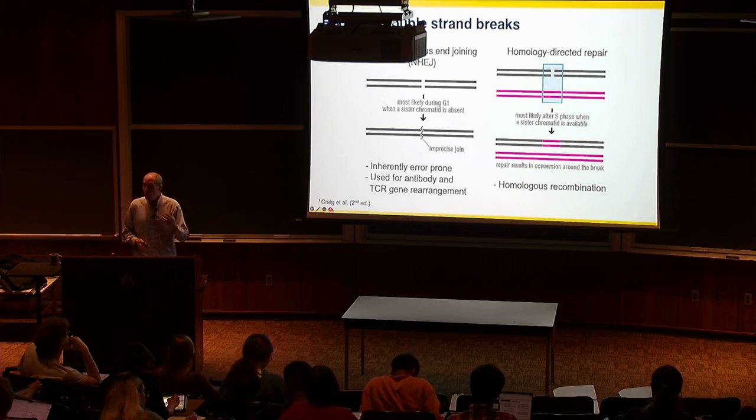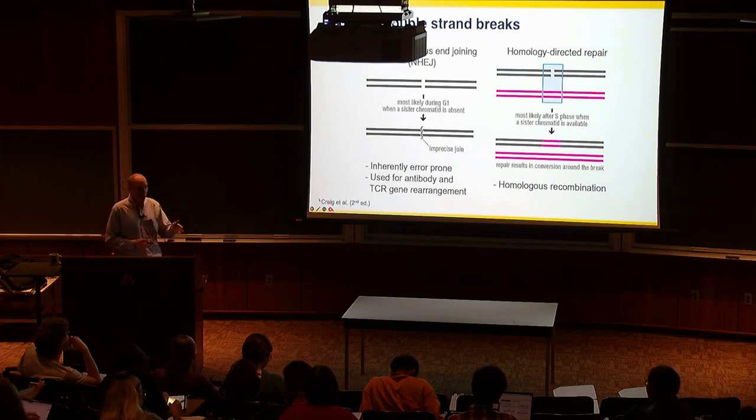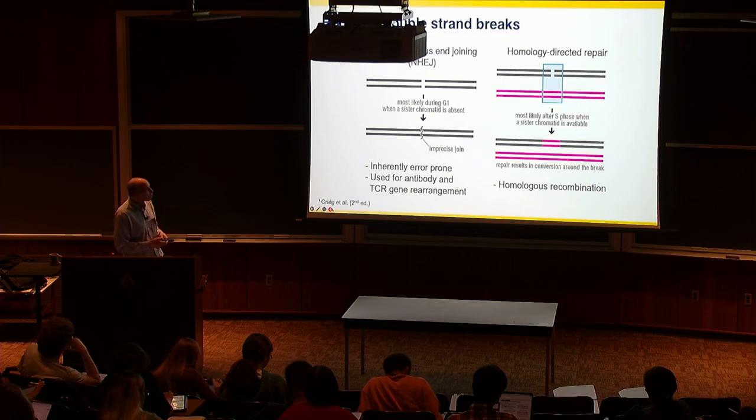So the typical CRISPR mutagenesis gives a double-strand cut across the helix, and then that's repaired in this error-prone fashion. But there's another way which is a little more tidy, and that's to use the information in the other homologue.